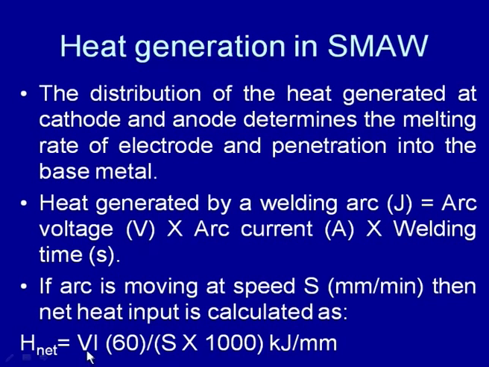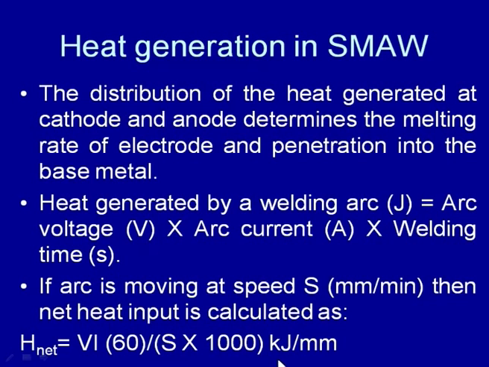This net amount of heat supplied is equal to the product of V I, that is the arc voltage and the welding current, multiplied by 60, divided by S, the welding speed, and multiplied by 100. This gives us the heat supplied in kilojoule per mm.